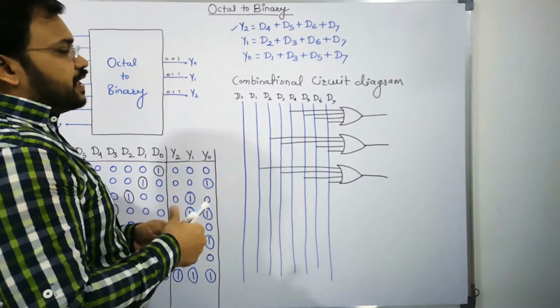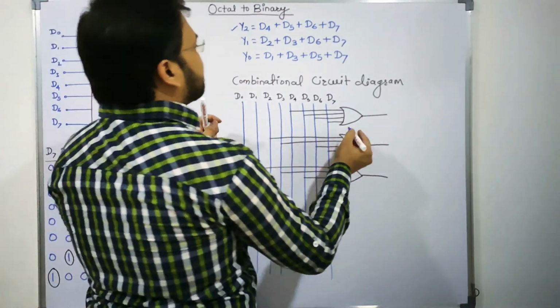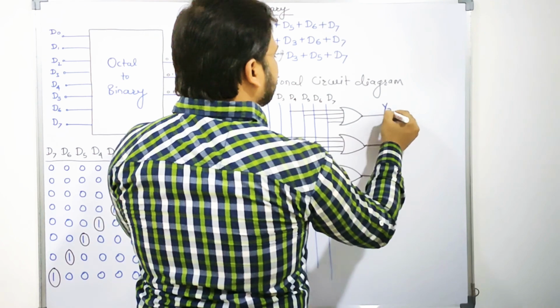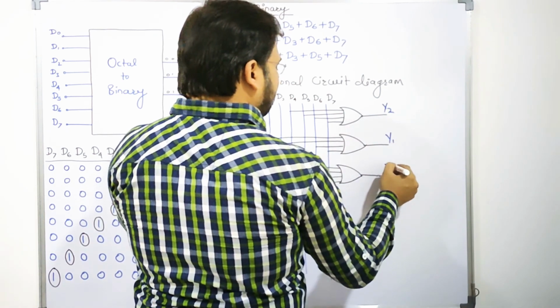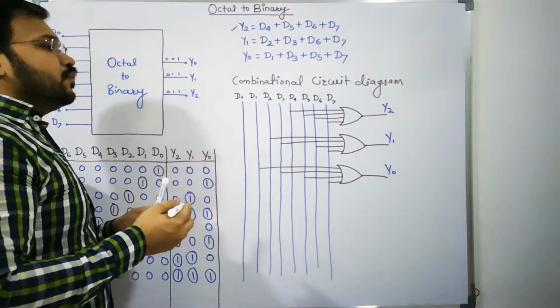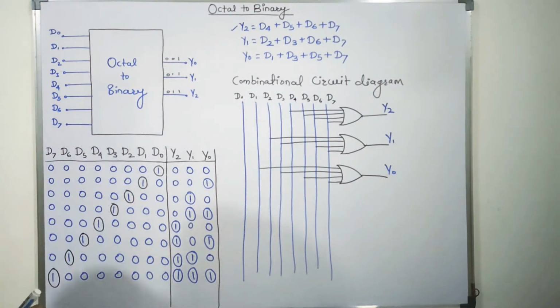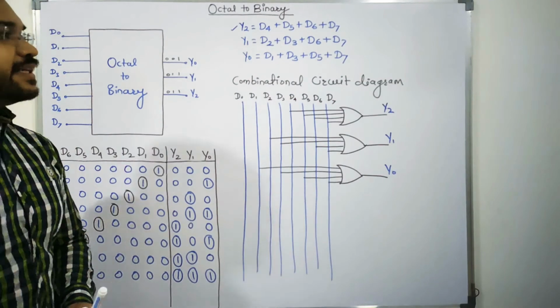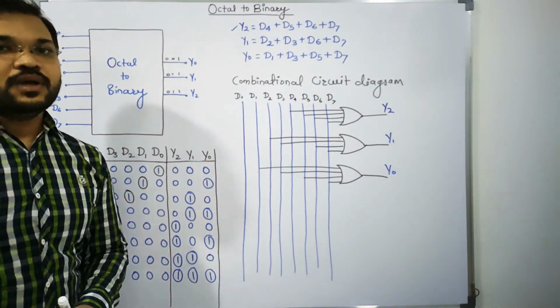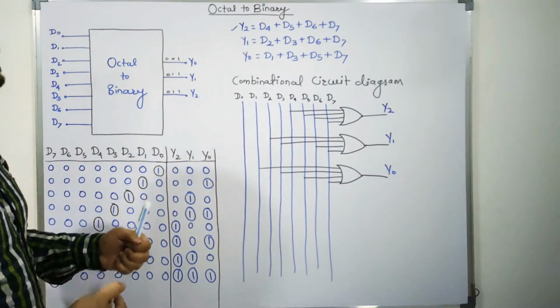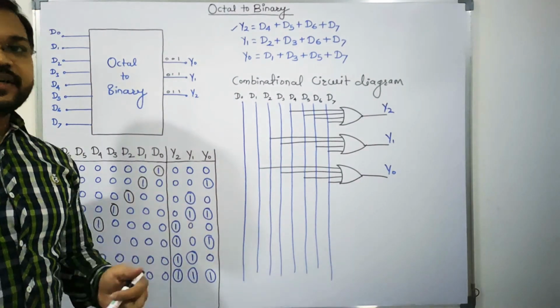So this is what your multi-input applied to different OR gates, that is first is your Y2, Y1 and Y0. So this is what the combinational circuit diagram for your octal to binary encoder, or it is also called as 8 to 3-bit encoder.